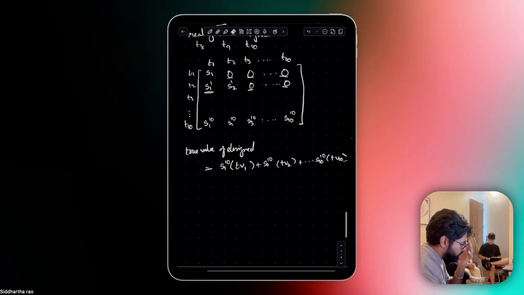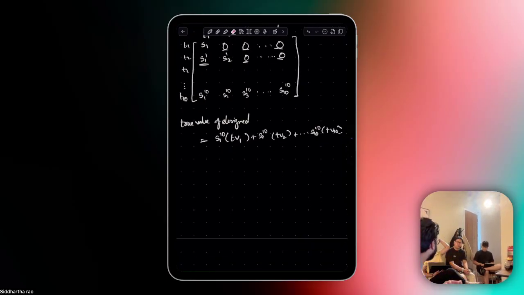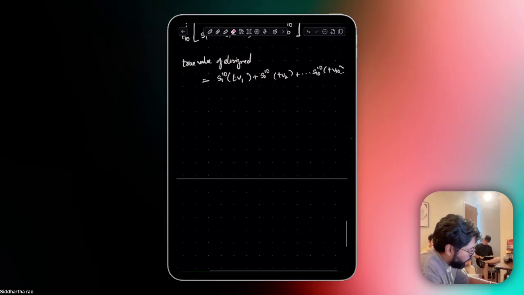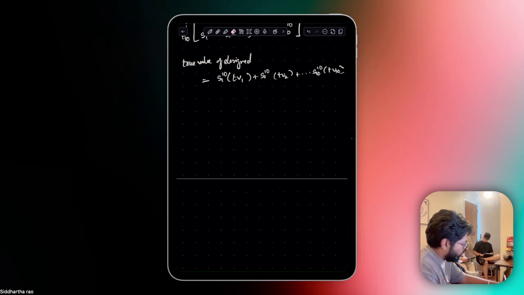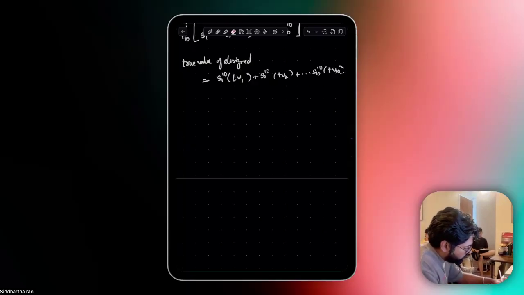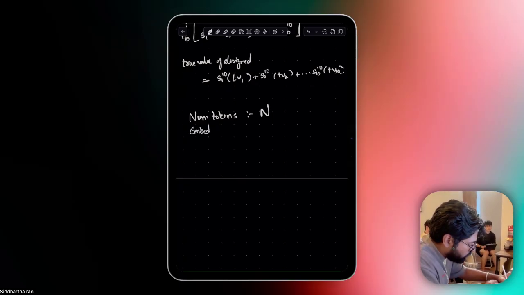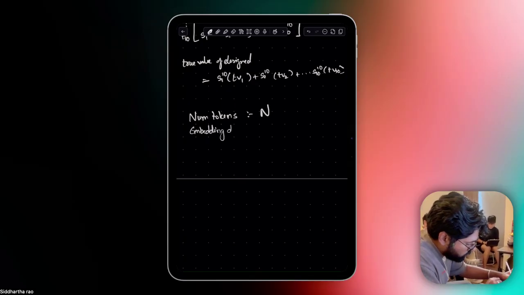Okay, so let's actually look at the attention operation itself now, how it's constructed. I'll start using symbols, the notation. Let's say the number of tokens that you're processing, num tokens, is n, and your embedding dimension is d.